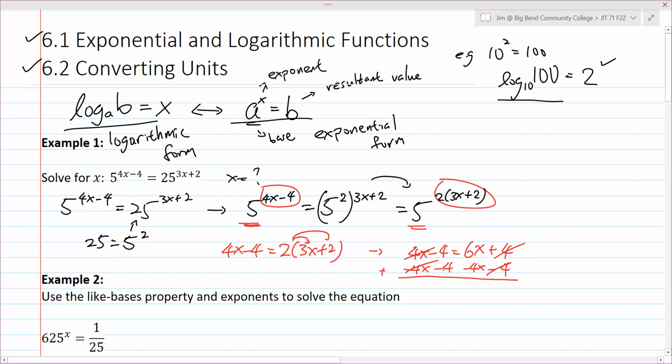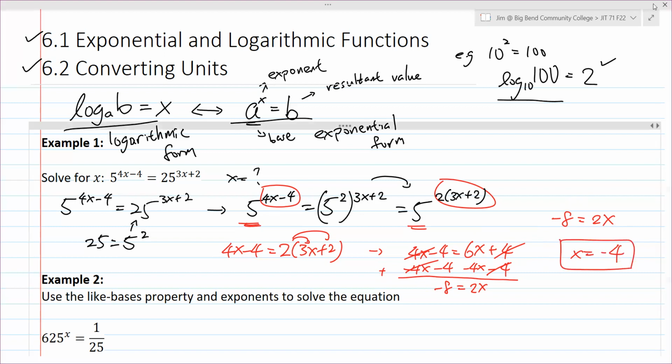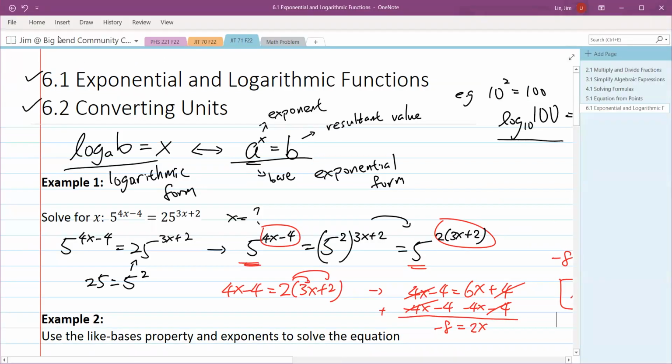You get -4 plus -4, which gives you -8, and 6x plus -4x, the like terms, gives you 2x. Then you divide that equation by 2, and you'll get x equals -4. That's the answer.